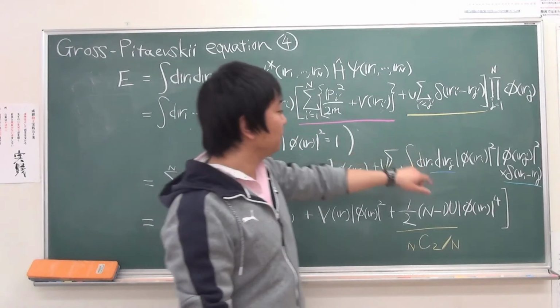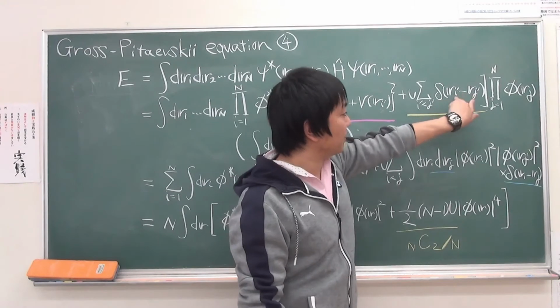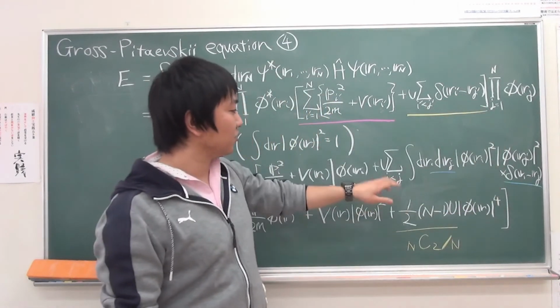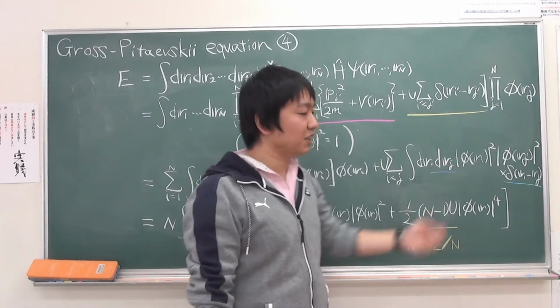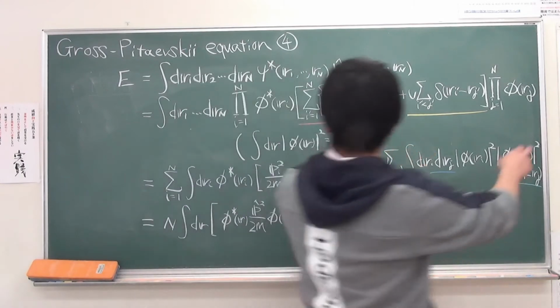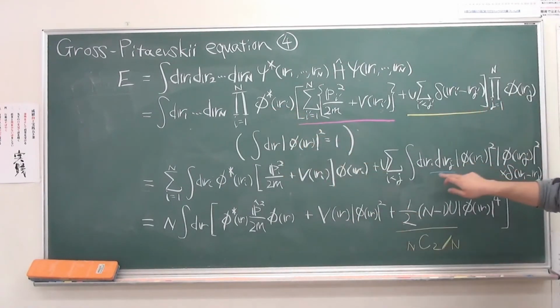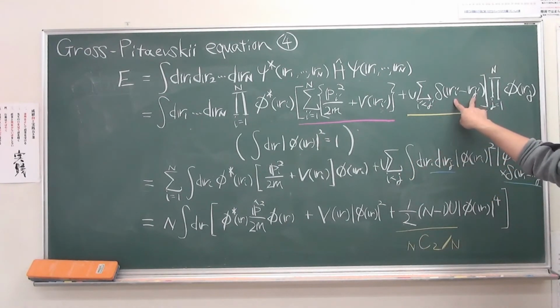Here, in that case, we focus on these two labels, Ri prime and Rj prime. Just for simplicity, we write Ri and Rj. But anyway, this involves two wave functions, phi star and phi. Now we consider two variables for the coordinate.